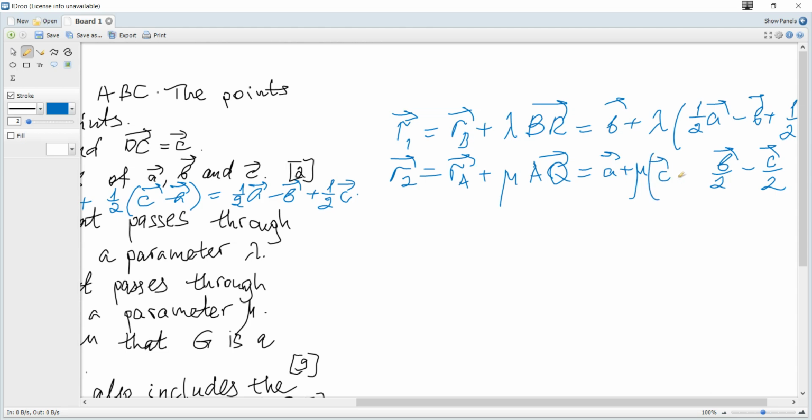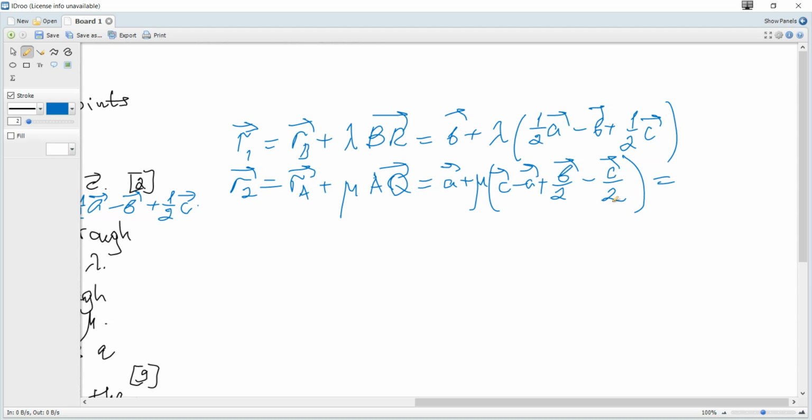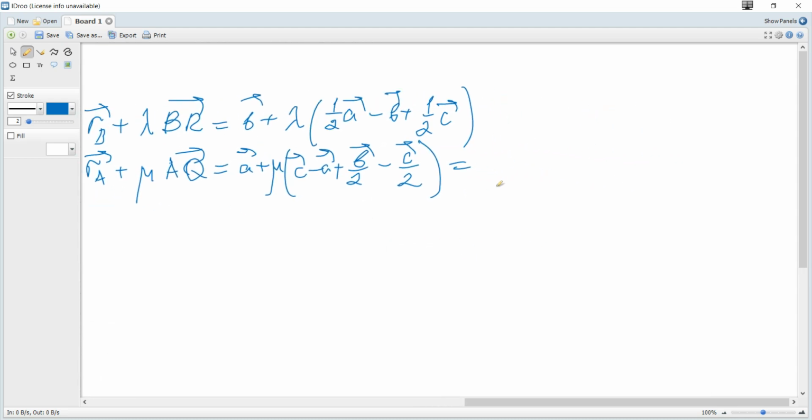And hence it becomes a plus mu, c over 2 minus a plus b over 2.